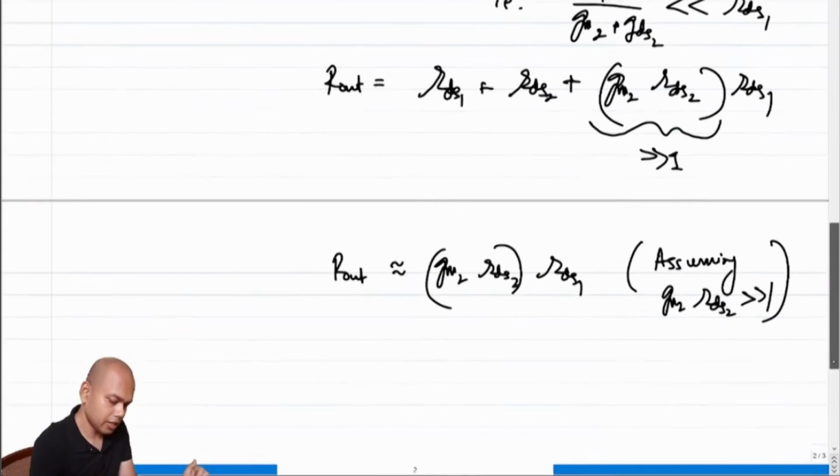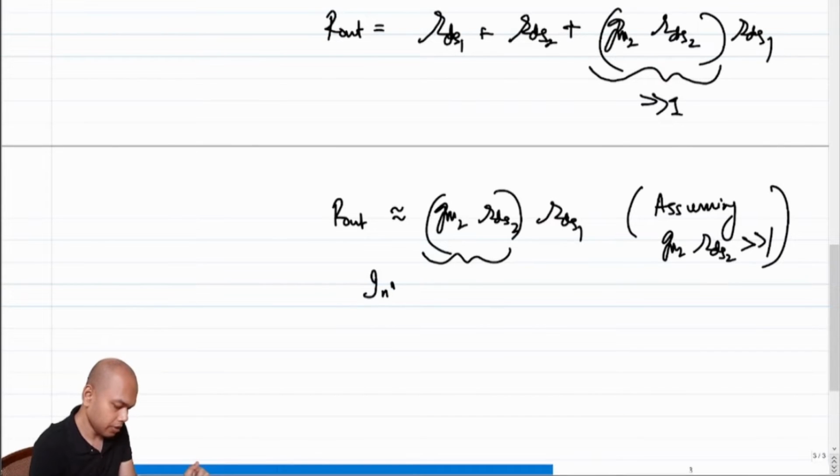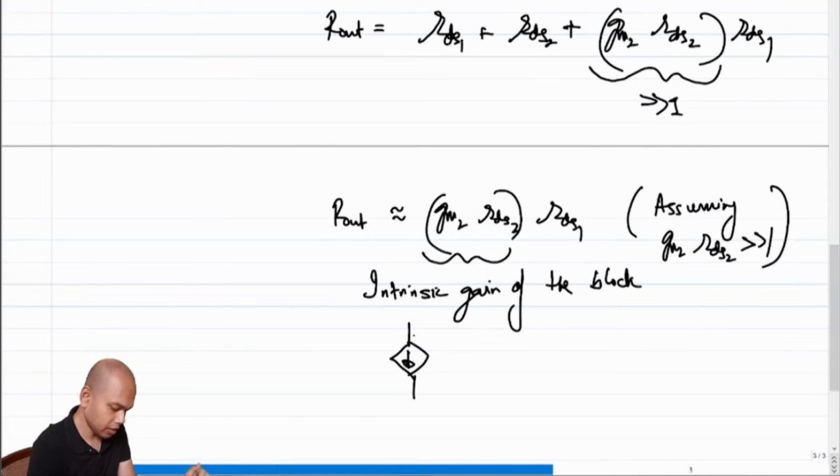So what is that intrinsic gain? So this essentially becomes the intrinsic gain of the block GM2. So essentially this becomes the intrinsic gain of this contraption.